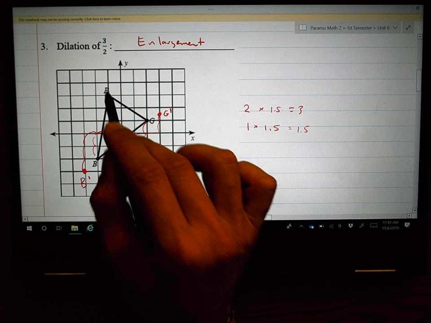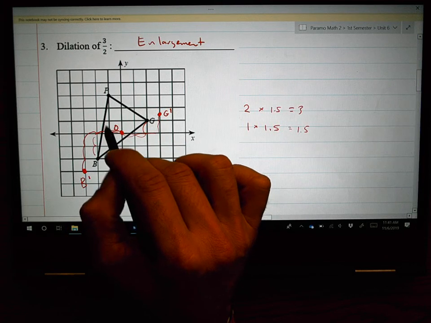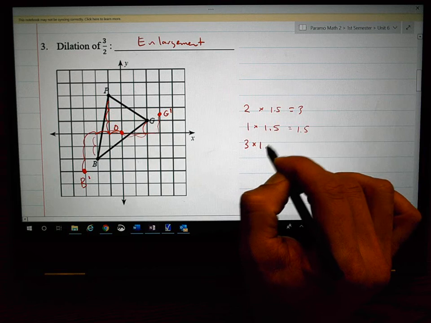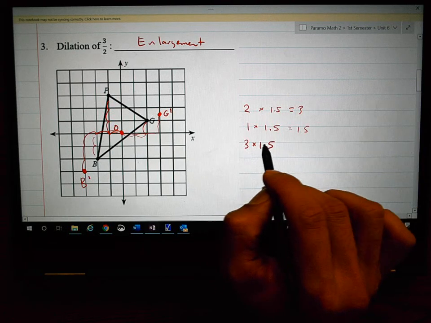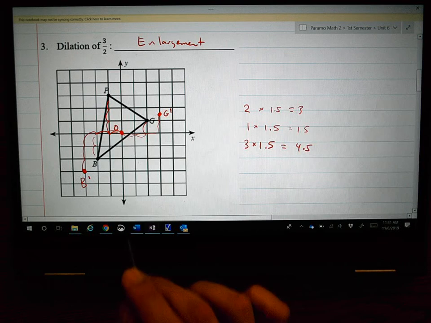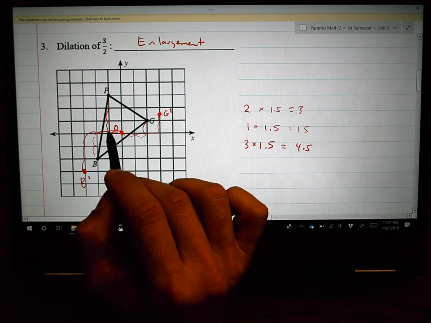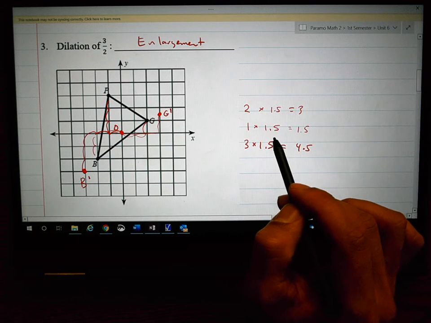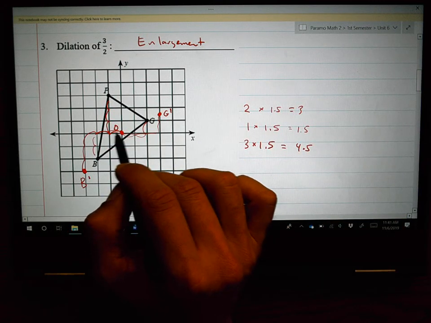I'm going to count to P. To the left 1, up 3. I haven't done 3 times 1.5 yet. That's 4.5. To the left 1, instead of 1, I'm going to go 1.5.